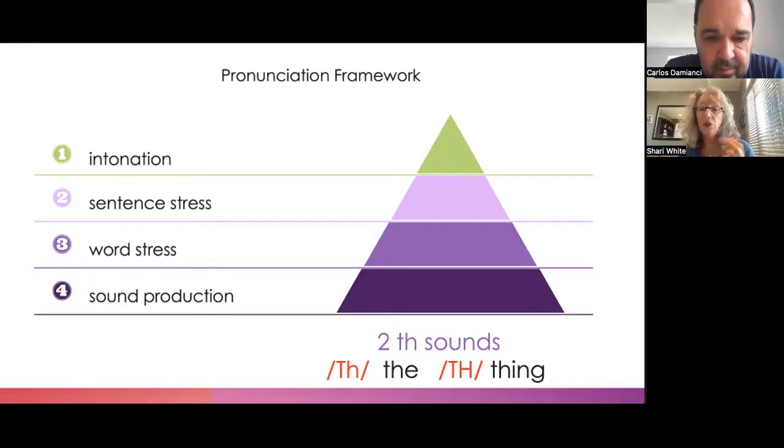Yeah. Which one is harder for you, the first or the second? Anybody? Maybe the first one. The first one is harder for you? Okay, what about the rest of you? Can you unmute and tell me which one is harder for you, the or thing?